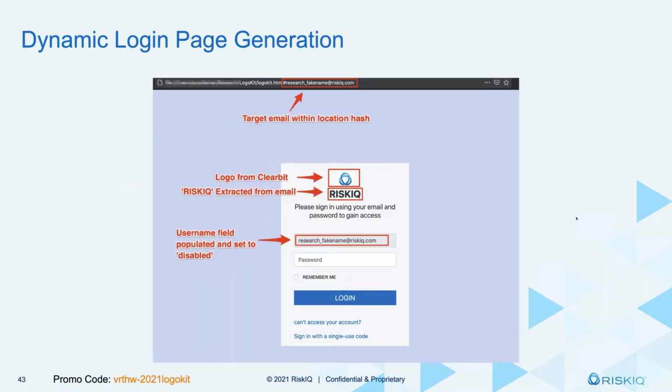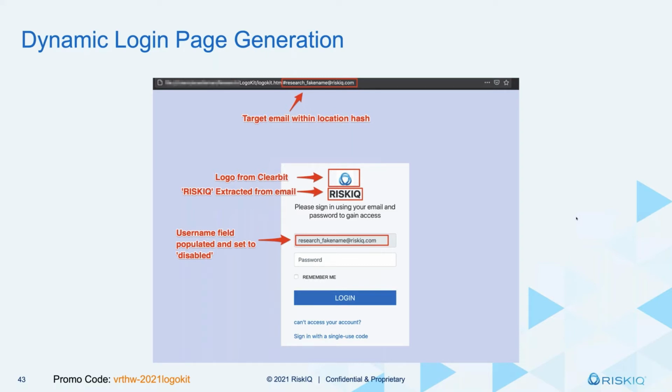This is an example of what a compiled phish kit of LogoKit looks like. In this case, we entered a fake RiskIQ email. It pulled down our logo from Clearbit and extracted the RiskIQ section of our domain, so it would just look like a generic RiskIQ login portal. We see that it also auto-filled our username into an email field and set it to disabled.